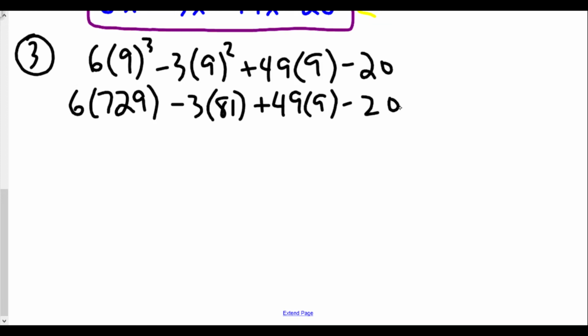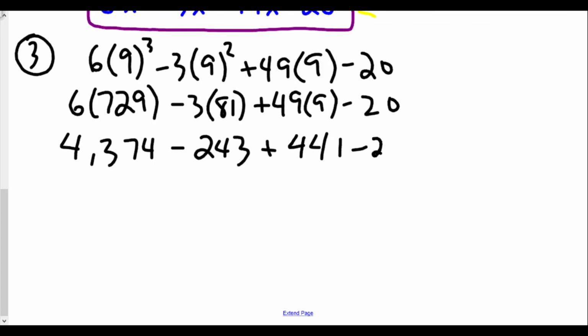Now the numbers get a little big here, so we want to multiply 6 times 729, and you should be getting the value of 4,374, minus 3 times 81. So 3 times 81 is 243, plus 49 times 9, which is 441, minus 20. Here we're going to combine these.